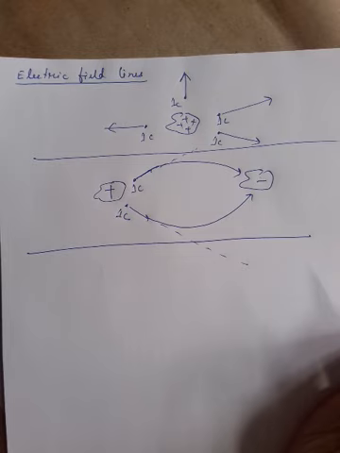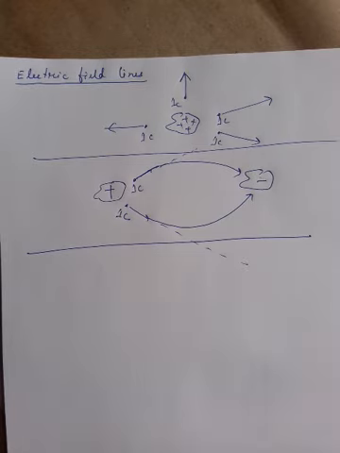So what we are discussing, clear? Electric field lines. So you write the definition first, right? Electric lines of force or electric field lines are the lines along which a unit positive charge tends to move, if it is free to do so, in an electric field.